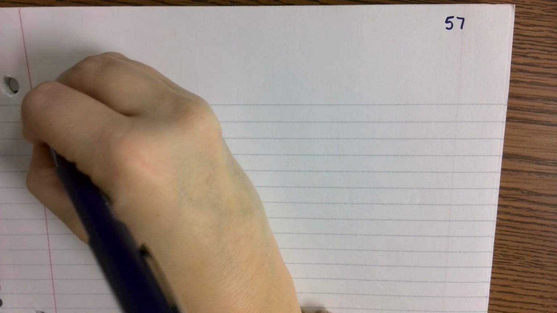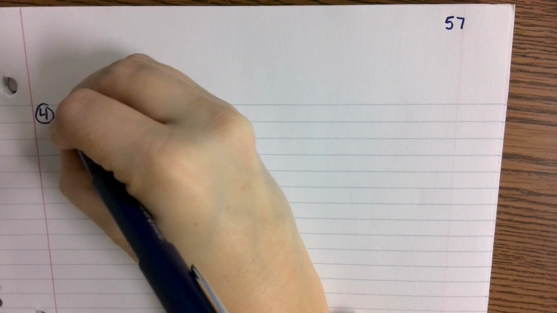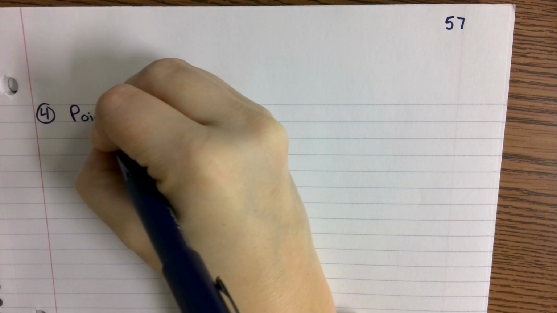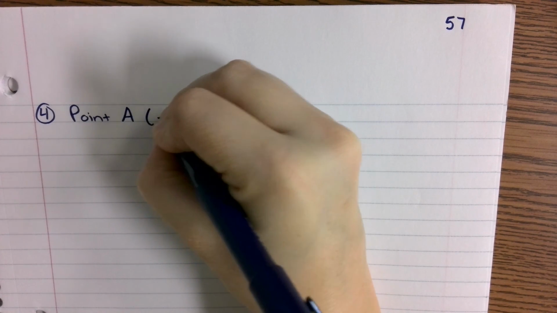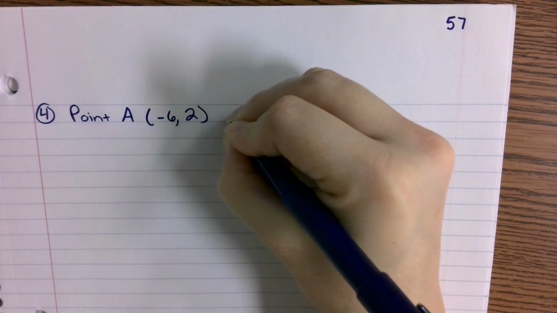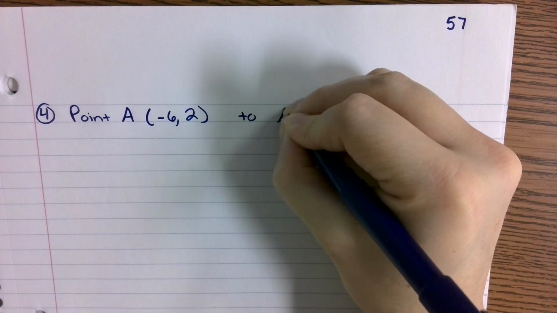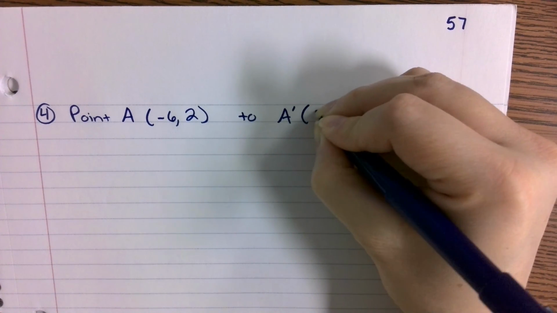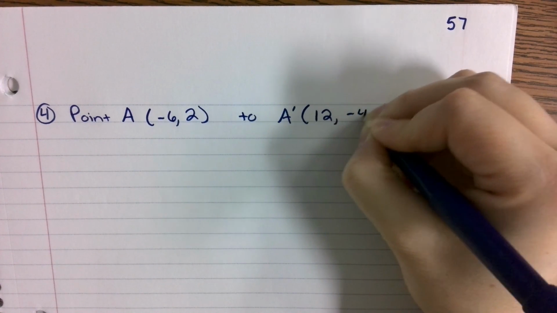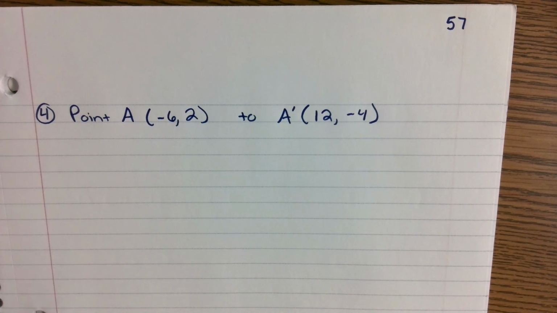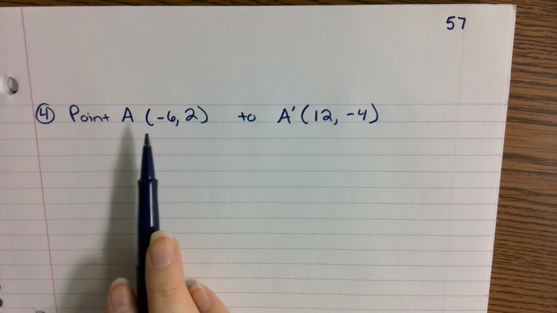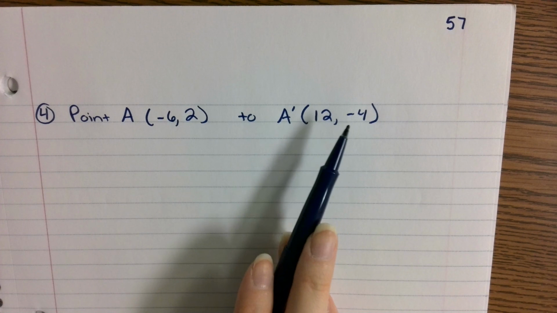All right, so page 57, problem number 4. We have point A at negative 6, 2. And it's moving to A prime. A prime is at 12, negative 4. So I'm giving you the original point, and I'm giving you the translated point.